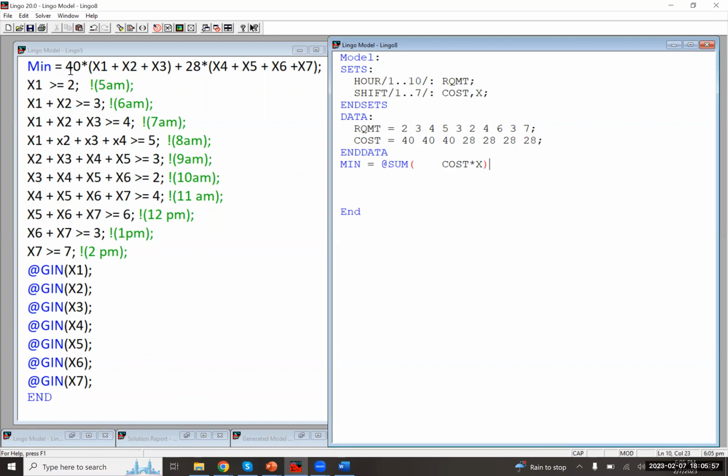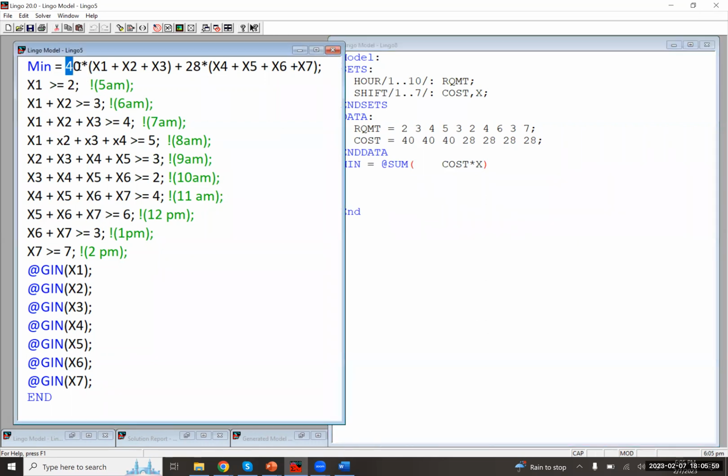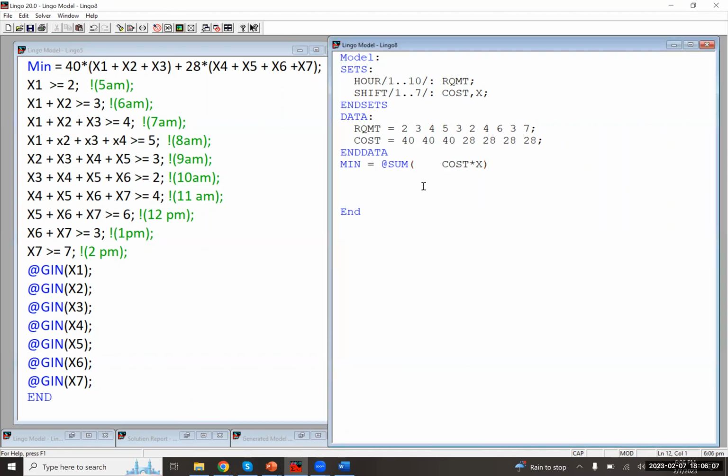That's the cost value, times X variables, right? But in order to use the attribute value, as mentioned last time, first of all you need to specify the set name. Otherwise, Lingo cannot recognize what this is, okay?